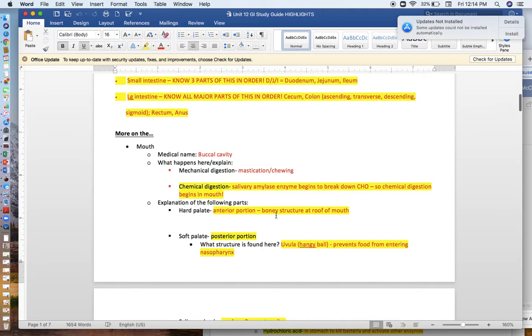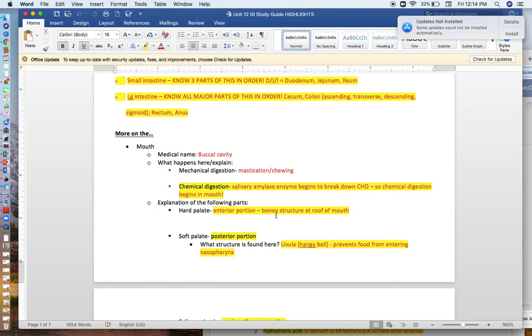So let's focus on the mouth, which again is called the buccal cavity, and we've also learned that it's called the oral cavity, buc meaning cheek. Mechanical and chemical digestion are the big processes that occur in the mouth. So again, functions of the mouth are digestion.